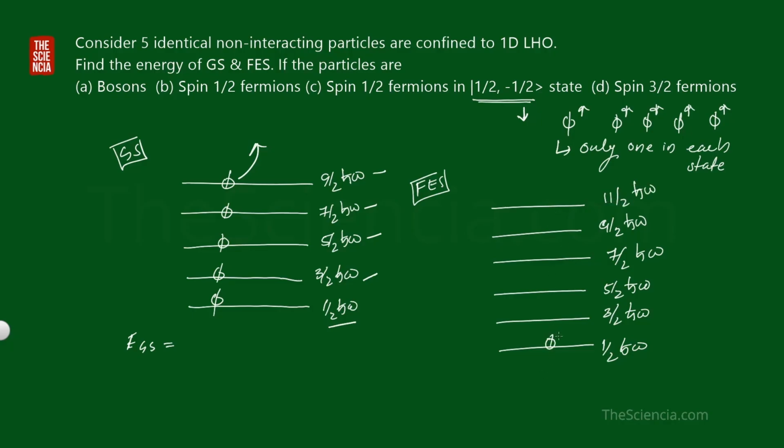So here one fermion will be there, here also one will be there, and the fermion in this state will jump to the next higher state. Okay, so you can find the energy of the first excited state by adding all these energies. So please do this. This is work for you.